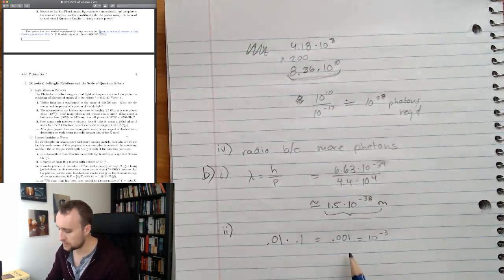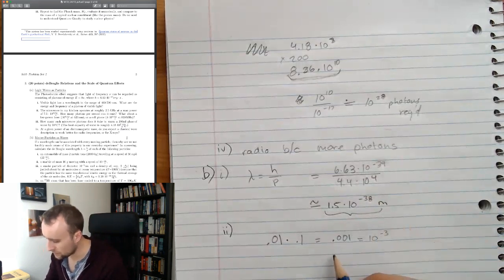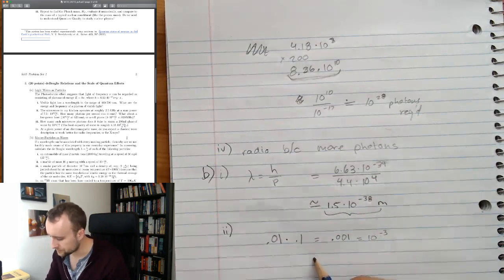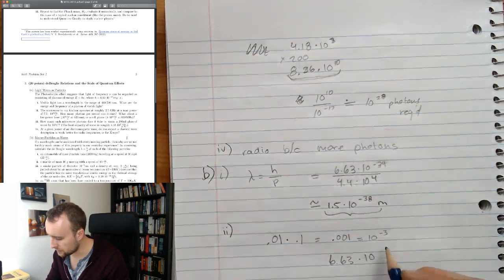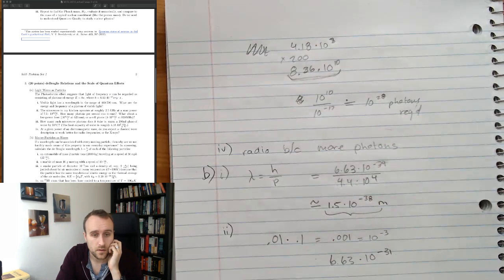So we need to subtract 3 from this. So it's going to be 6.63 times 10 to the negative 31. Okay, yeah, that's right.